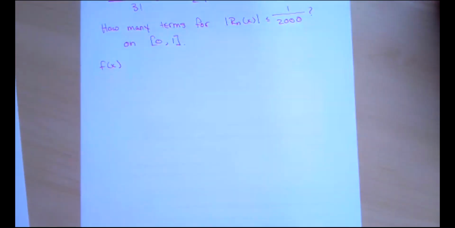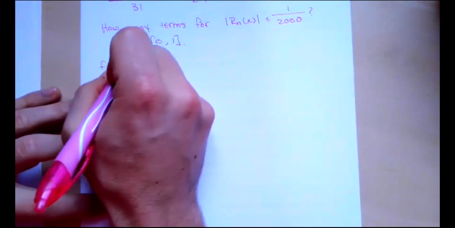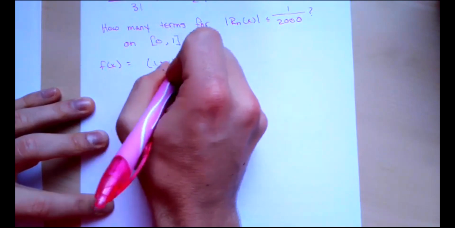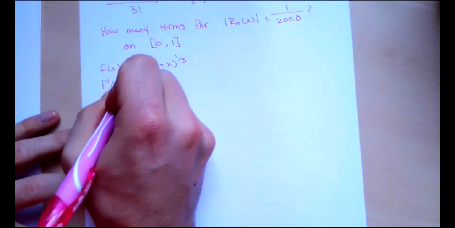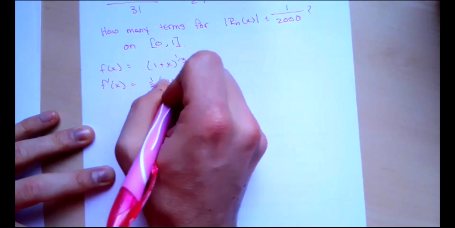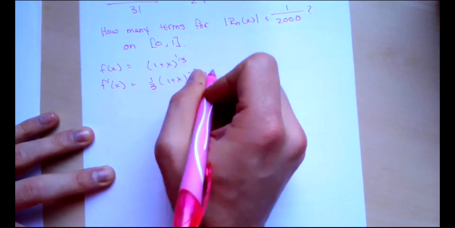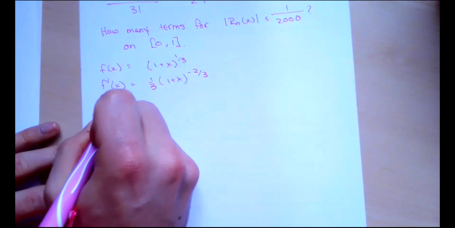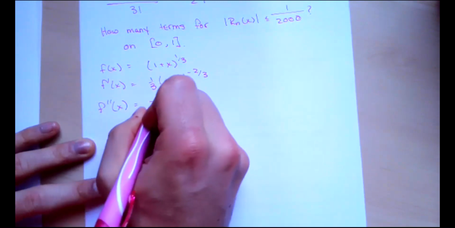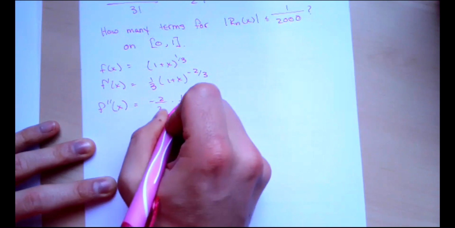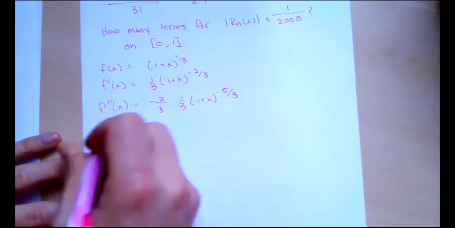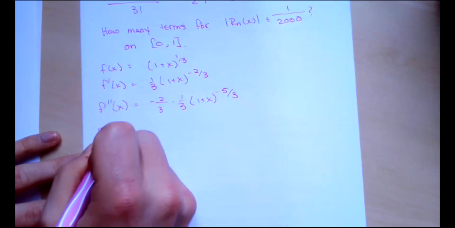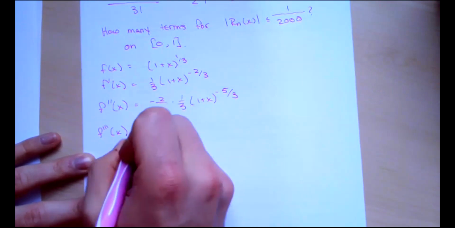So we had f of x is 1 plus x to the 1/3, f prime of x is 1/3 times 1 plus x to the minus 2/3, and then we keep going. If you keep taking derivatives, what you want to look for is a pattern.